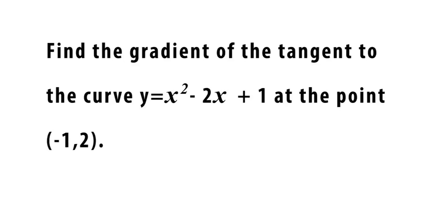Let us take some examples. Find the gradient of the tangent to the curve y is equal to x cubed minus 2x plus 1 at the point -1, 2. Let's take the solution.